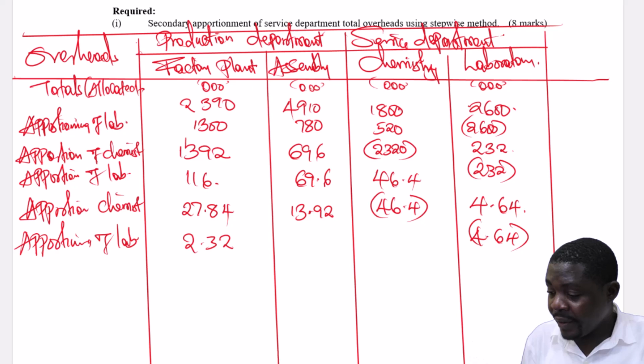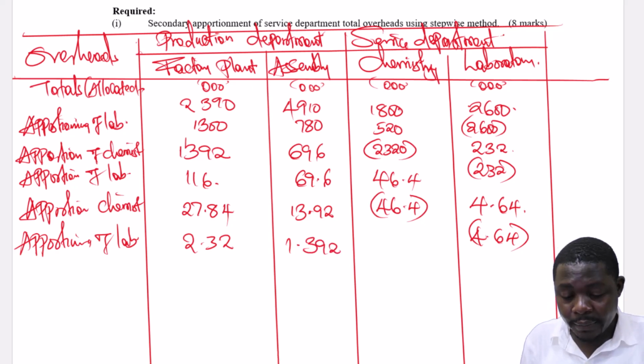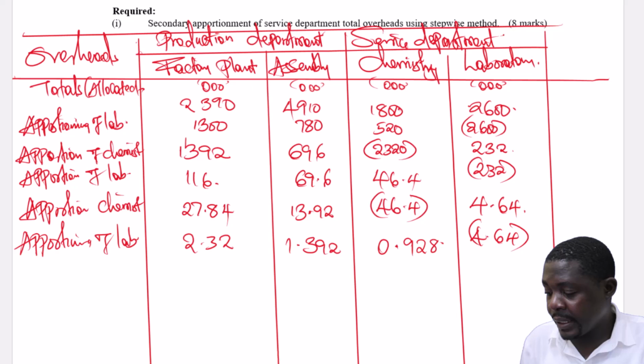Then we have that's 30, you get 1.392. And then 20, you get 0.928.